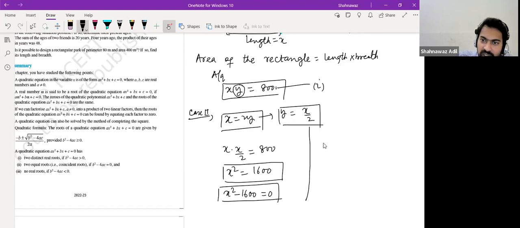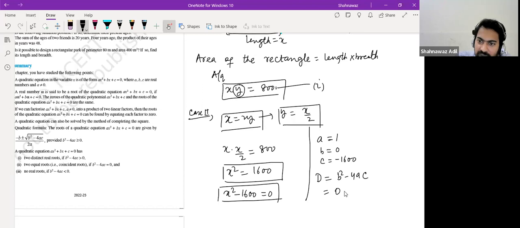So what is a in here? We can see from here that the solution exists, but let us check using the discriminant formula. So what is a, Shaima? 1. And what is b? 0. And c is negative 1600. And D would be how much? b square minus 4ac. So b is 0, so 0 square is 0.